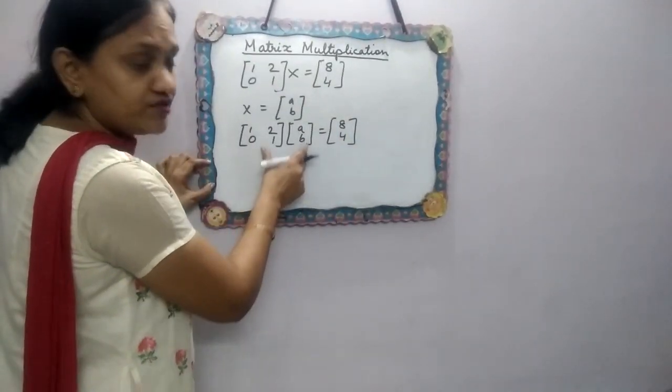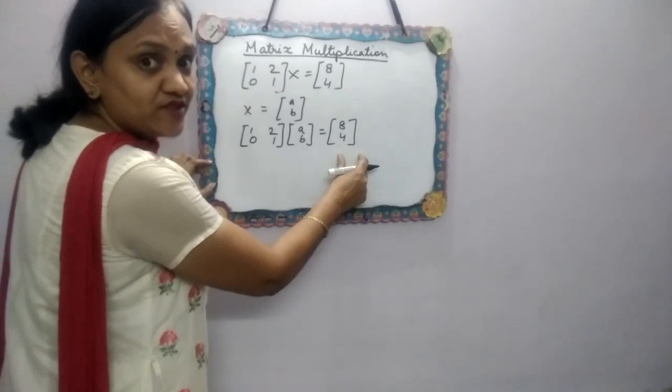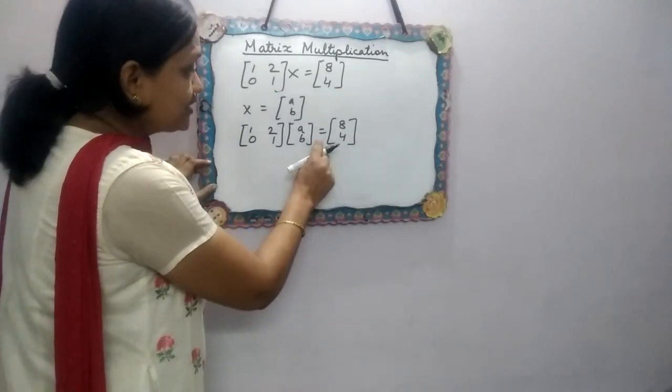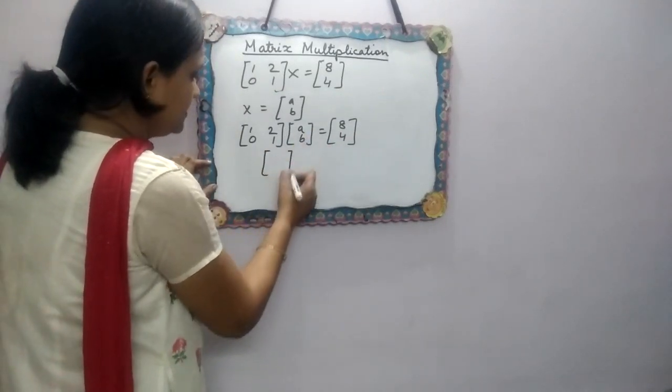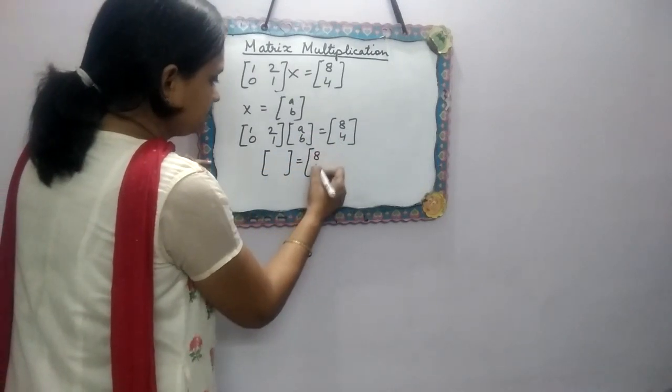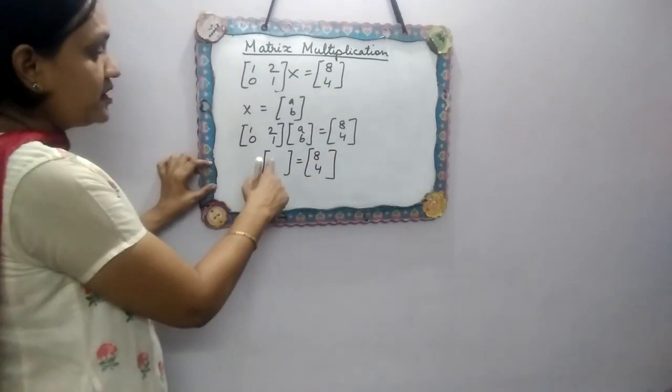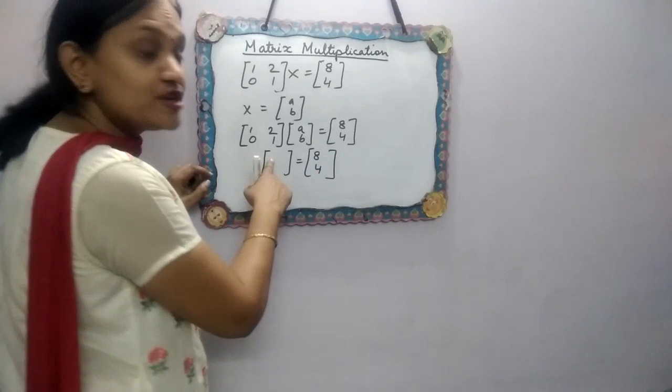The order of this answer and this matrix will be same because they will be equal. Now here we have first row, first column.